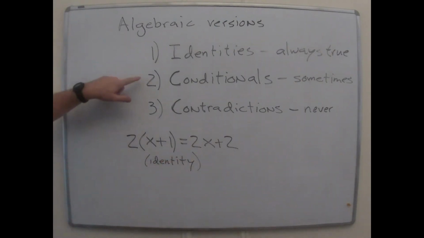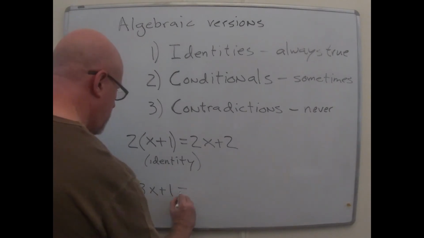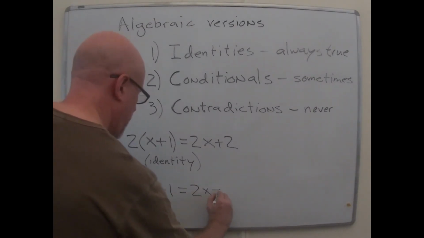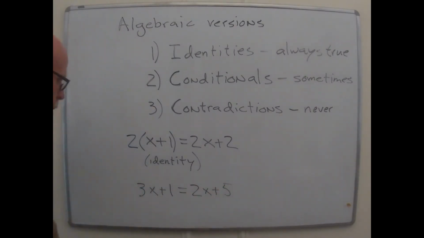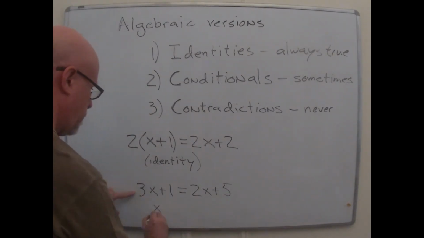What if I wanted to give you something that's a conditional? Well, you might have something like 3x plus 1 is equal to 2x plus 5. Could you solve that? Could you figure out what x is? I think I can do it almost in my head. Take away 2x and you'll get just an x on this side.